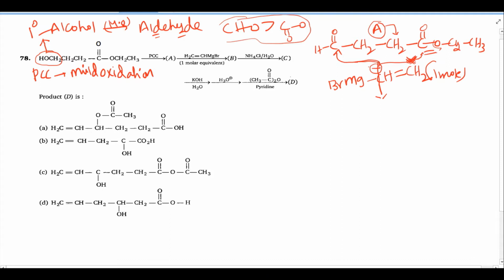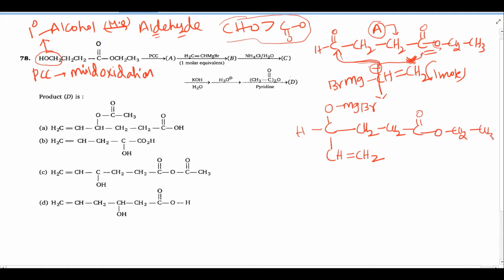This is the nucleophilic addition reaction. Then you are going to get CH, O, MgBr, with CH double bond CH2 here, and also CH2, CH2, C double bond O, CH2, CH3.